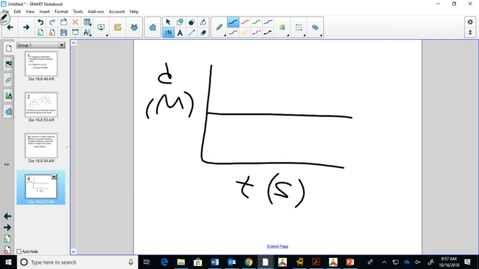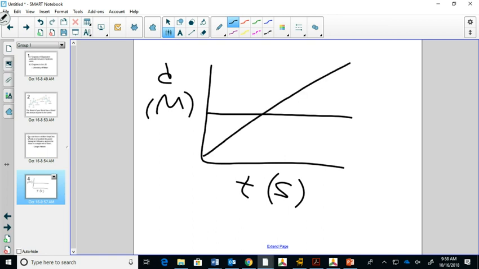Because over time, their position doesn't change. Does that make sense? So what would their velocity be? Zero, because the slope of a position time graph is velocity. Velocity is meters per second, right? So in this case, this person is not going anywhere.